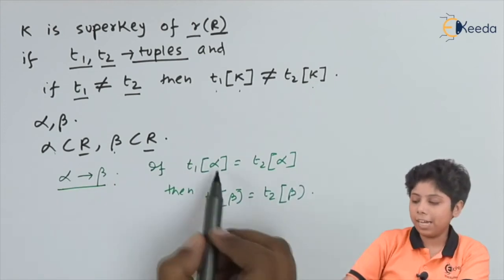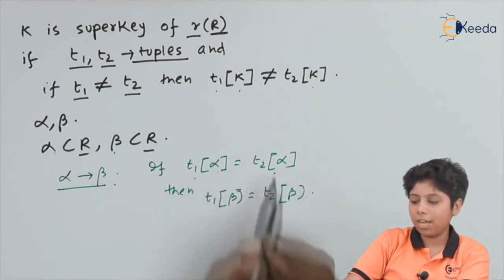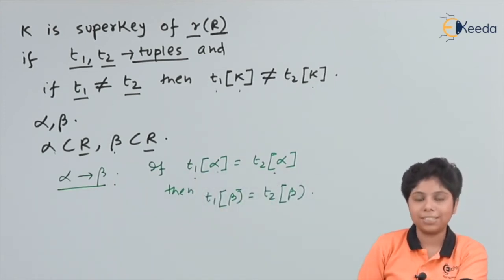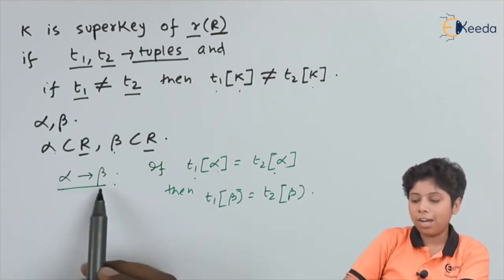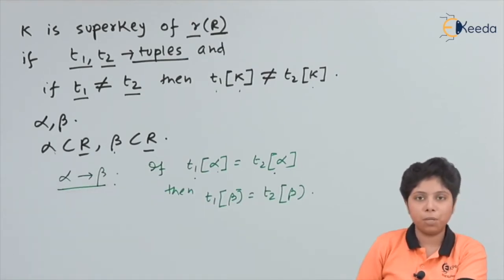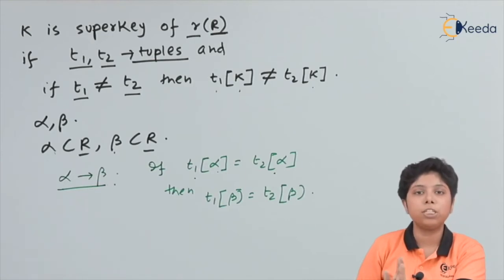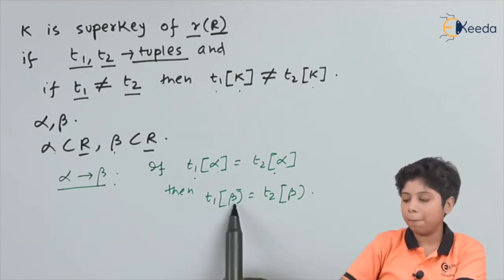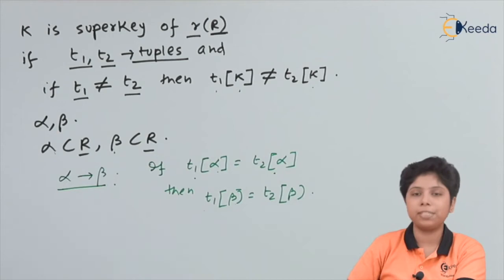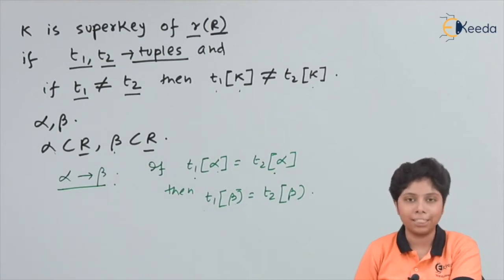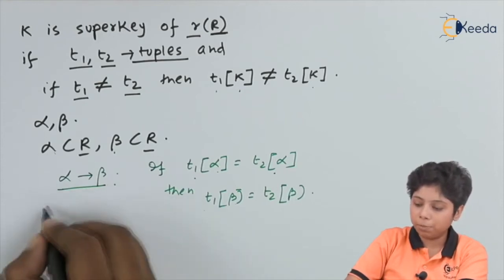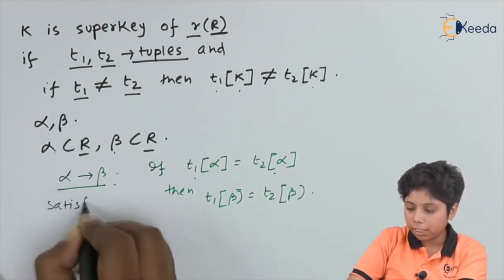If there is any attribute that has the same values in two tuples or records, and the functional dependency alpha defines beta needs to be satisfied, then the beta attribute should also be the same in the two tuples T1 and T2.